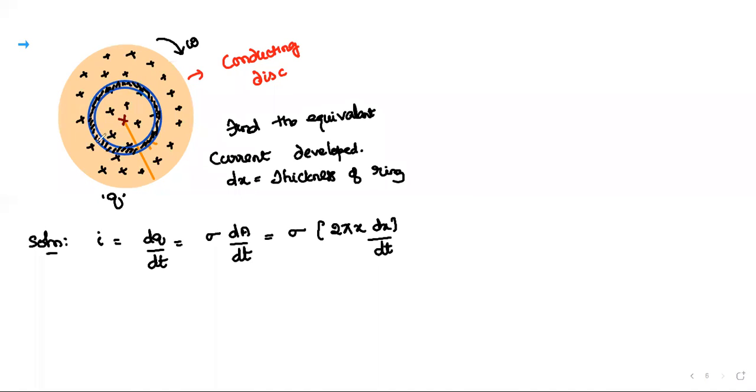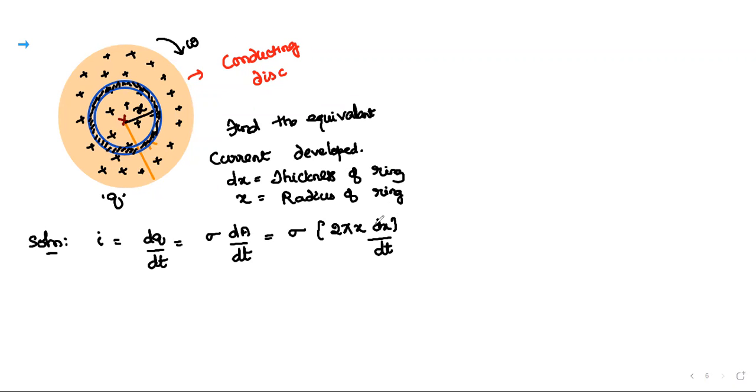The shaded region is dx and the radius of the ring we are taking as x. That x is variable, keep in mind. x is the radius of the assumed ring.